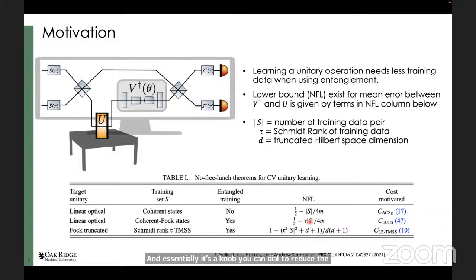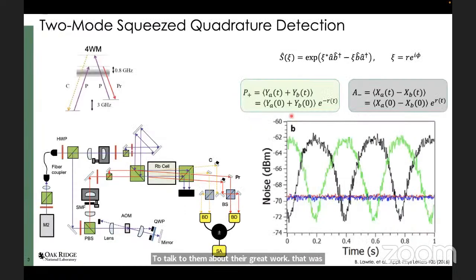So that's the motivation. When we were looking through this paper, we thought, oh, well, we make entangled and squeezed light sources on a regular basis in our lab, so we should definitely try this. So we reached out to Andrew and company, Tyler Volkoff and Zoe Holmes, to talk to them about their great work that was published in PRX Quantum, and basically try to build it in the lab.